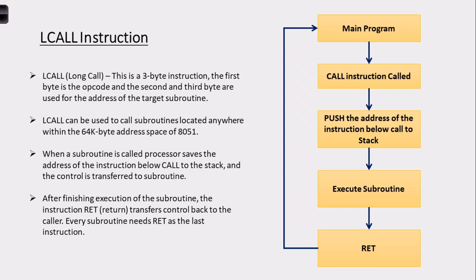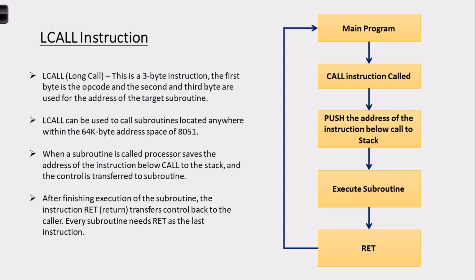That means we'll have a certain set of instructions placed line by line. Whenever there is a call instruction, the processor doesn't store the address of that particular call instruction.